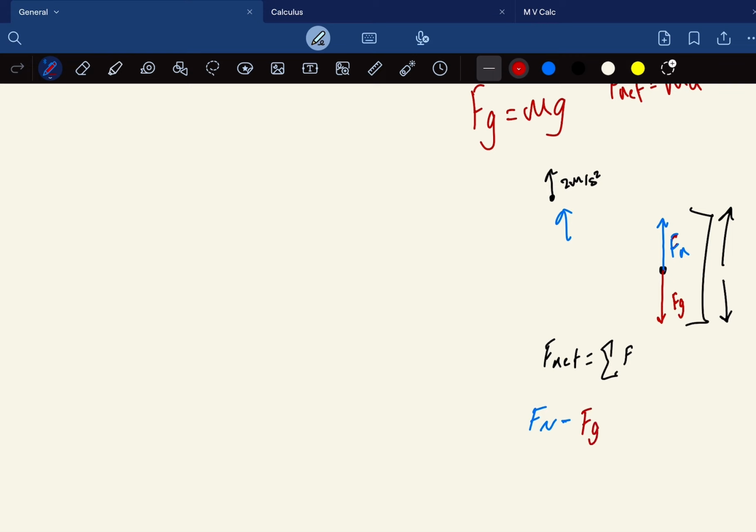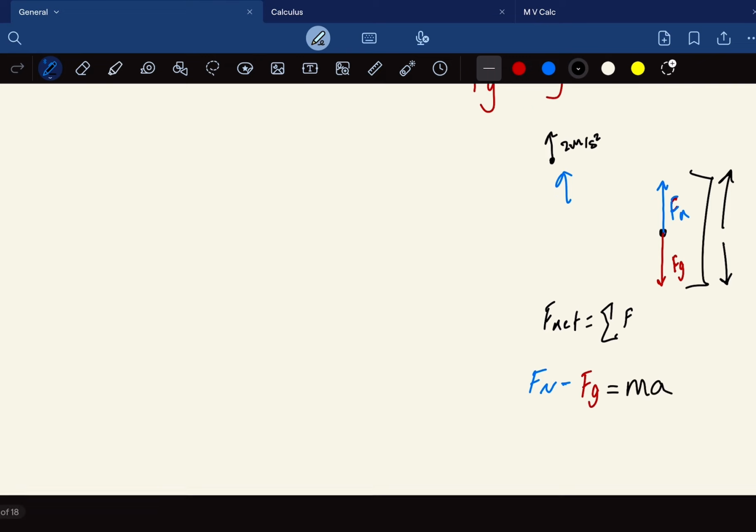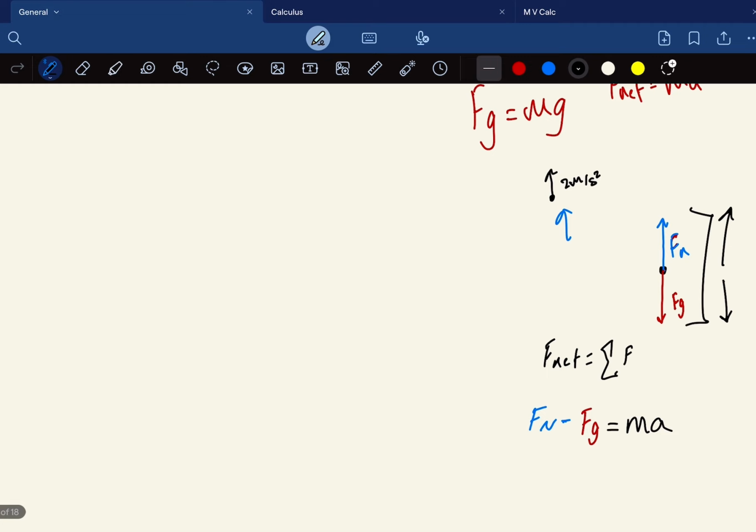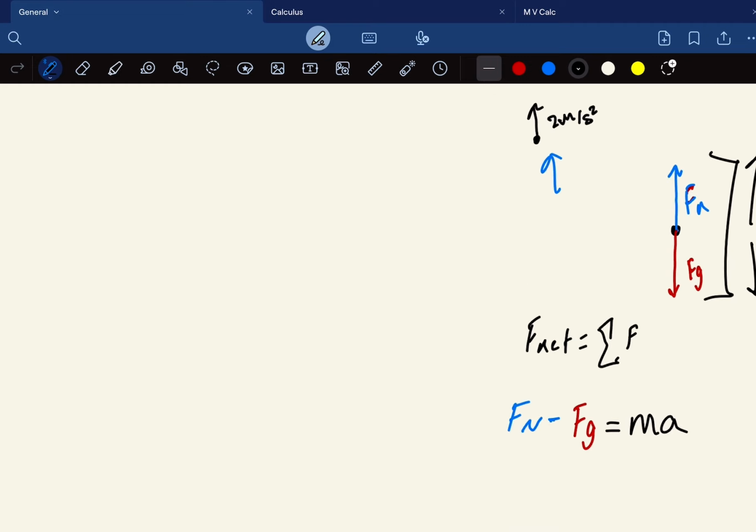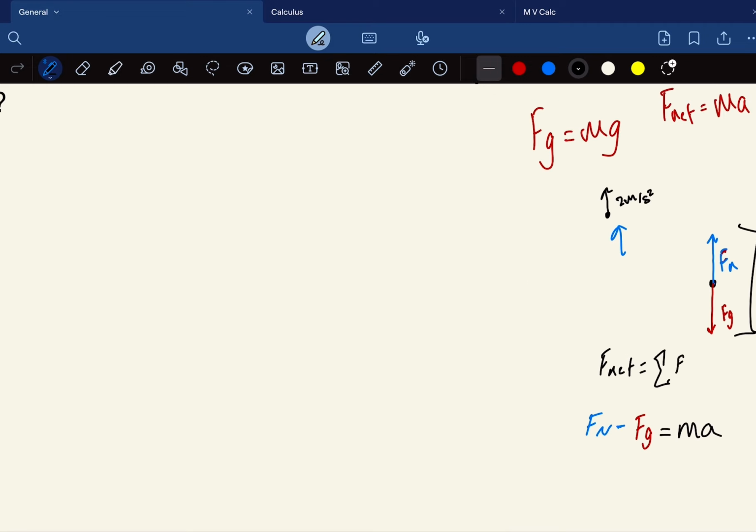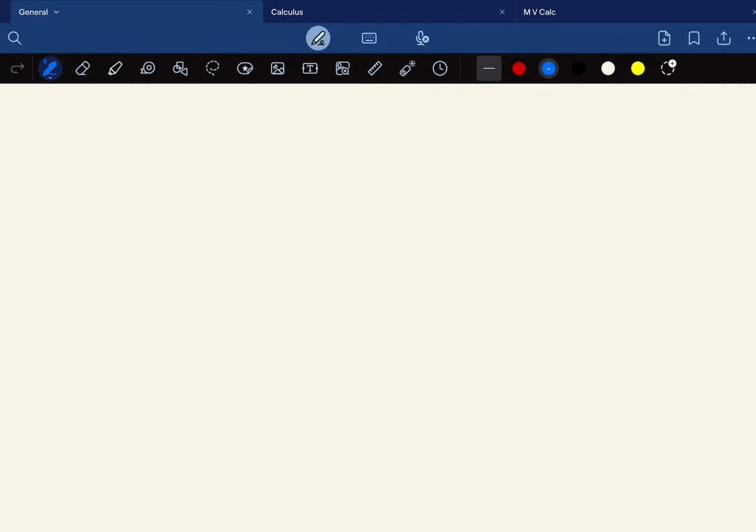And this is equal to our net force, which we also know is equal to ma. Now, bringing this equation over here, we have Fn minus Fg equals ma.